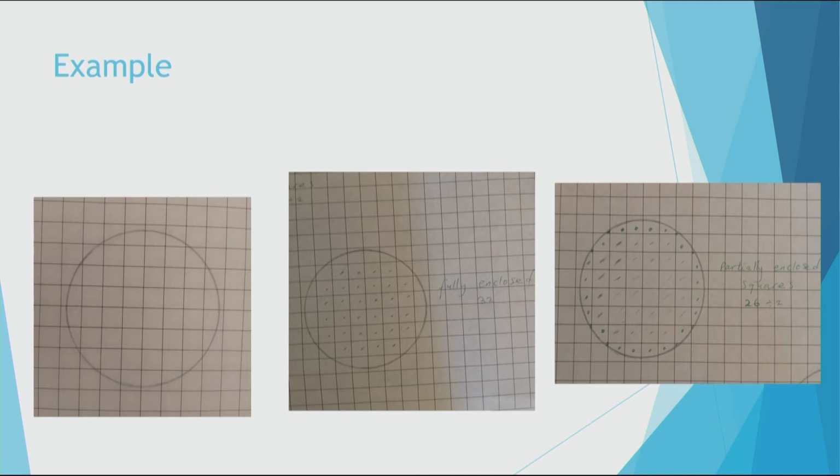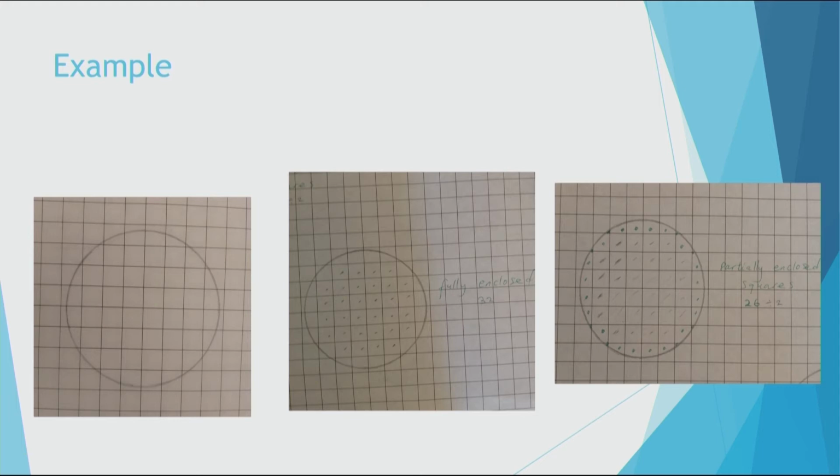Step number 2, count those that have been fully covered by the circle. So you can see that others are just halfway or partly, others are full. So I've counted for you, but you can also count.